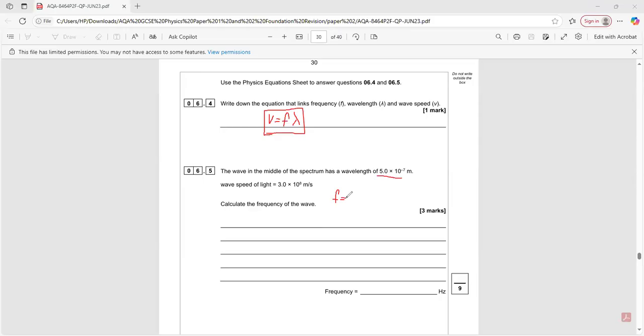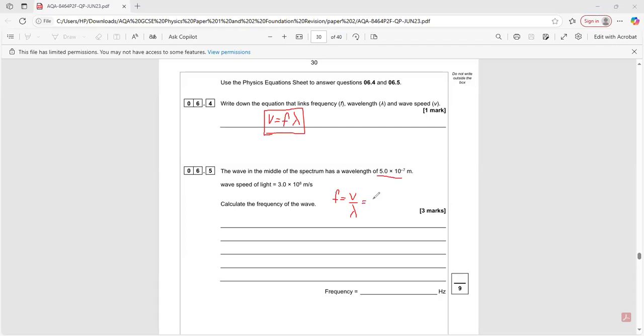Remember, F is the frequency. What will F be given by? Remember, I was trying to make F the subject of the formula. V over wavelength, or lambda.